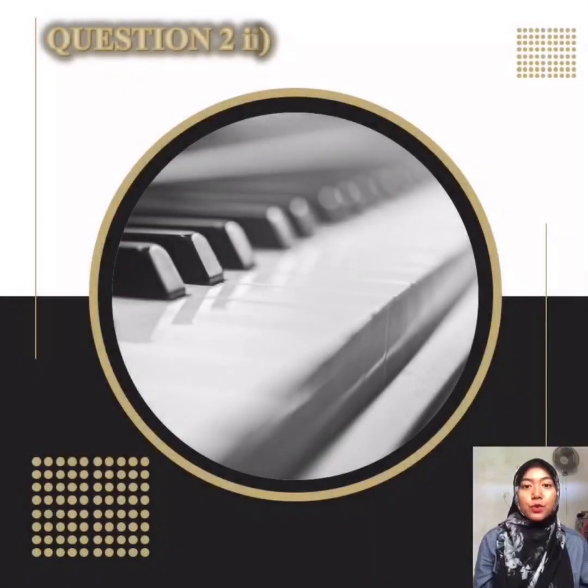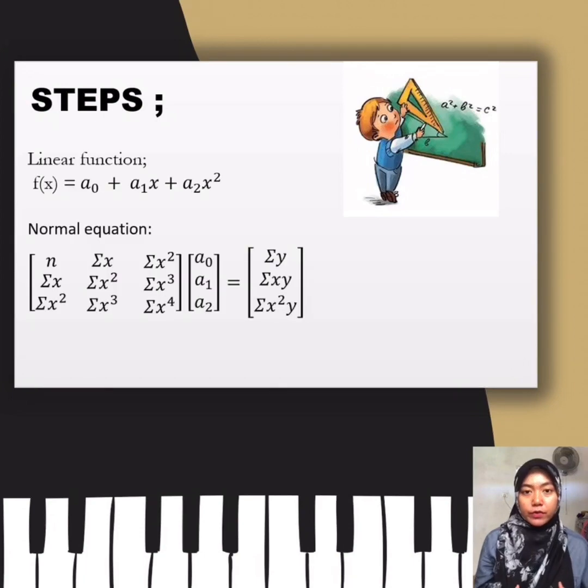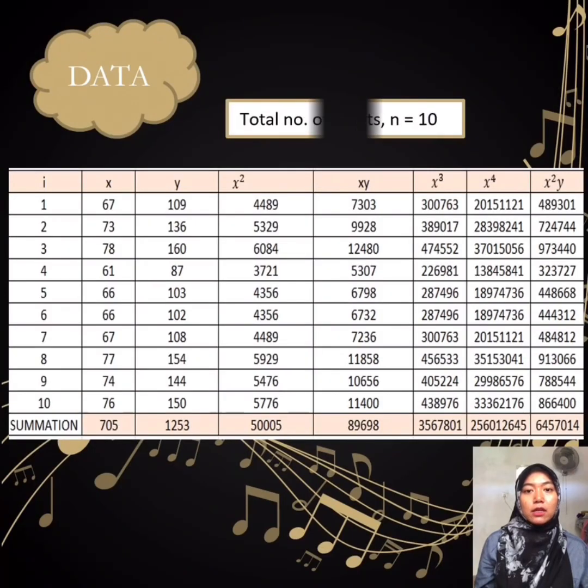Next, for the second question, we construct and plot the least square quadratic curve. The equation is f(x) equals a0 plus a1x plus a2x to the power of 2. The normal equation to find this least square is a 3 by 3 matrix as shown in the slide. To find each value in the matrix, we use Excel by keying in the data first.